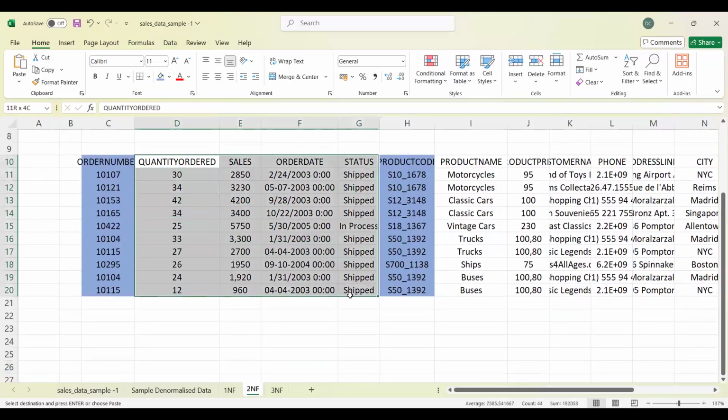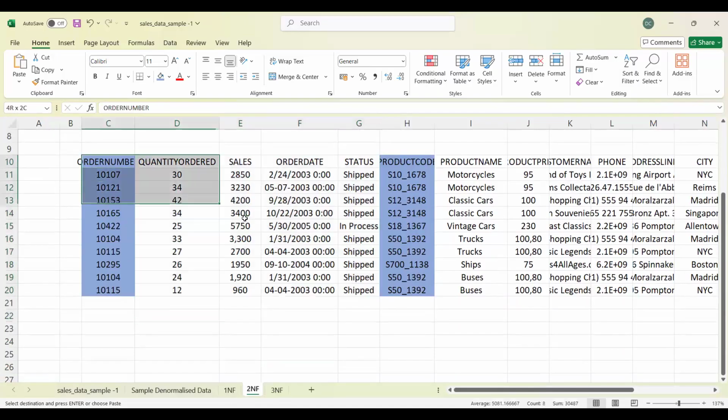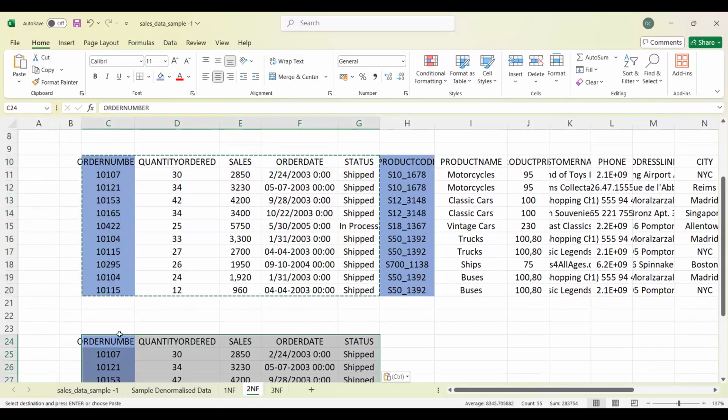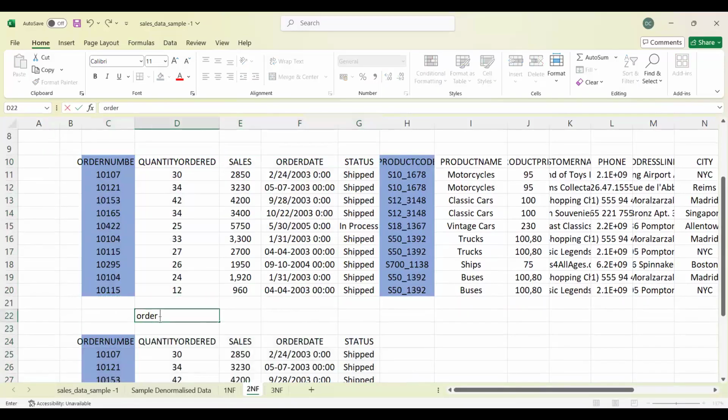These are my non-key columns. They are not completely depending on both candidate keys, only on the order number. So I will split this data into another table, and I will name it my order details table.